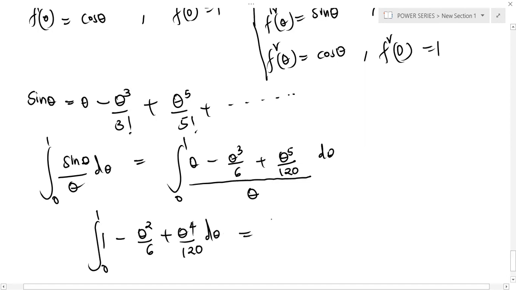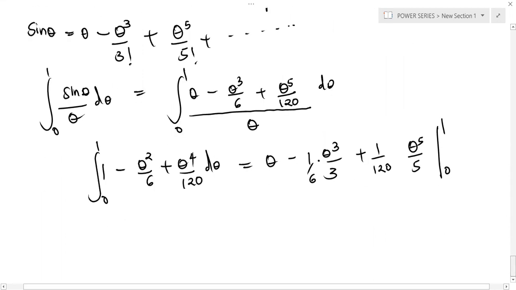And now we can easily integrate the function. The integral of 1 is theta. The integral of theta squared is theta cubed over 3, and we have a 1 over 6 here. Plus 1 over 120 times the integral of theta raised to power 4, which is theta raised to power 5 over 5. And we're evaluating from 0 to 1. Now we first replace the values with 1. Replacing with 0, we'll have 0 all through.